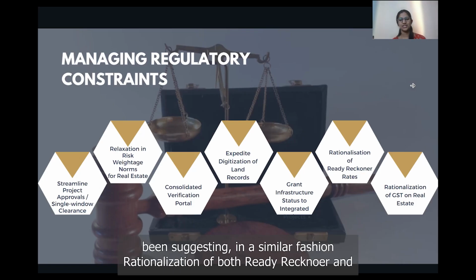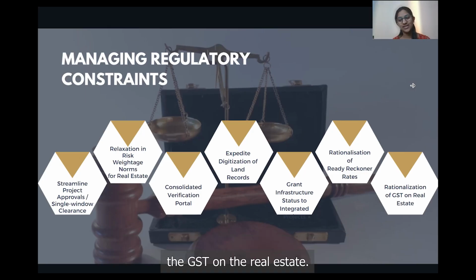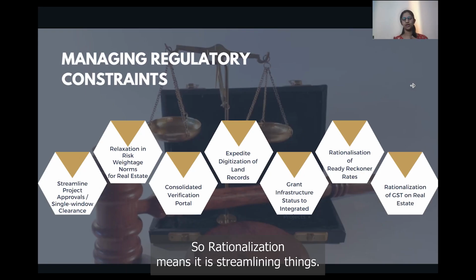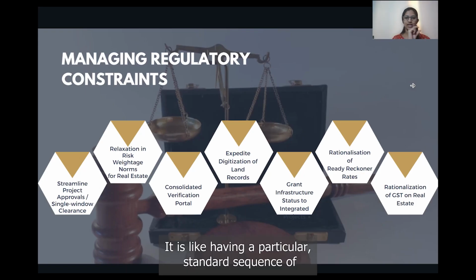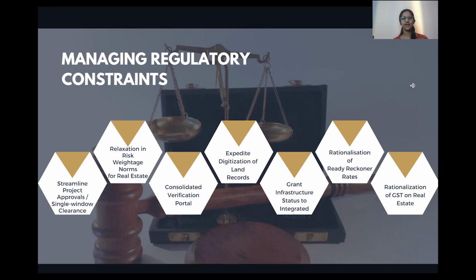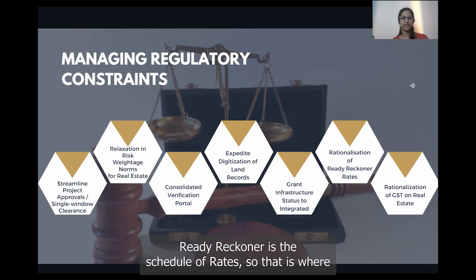In a similar fashion, rationalization of both the ready reckoner and the GST on real estate. Rationalization means streamlining things, like having a standard sequence of work. Ready reckoner, by it I mean the schedule of rates.